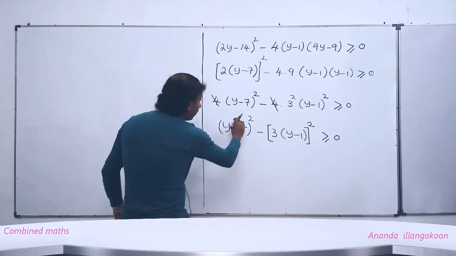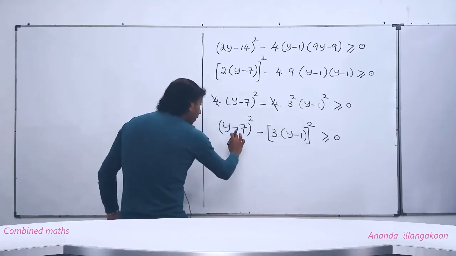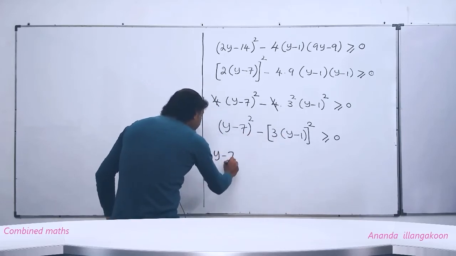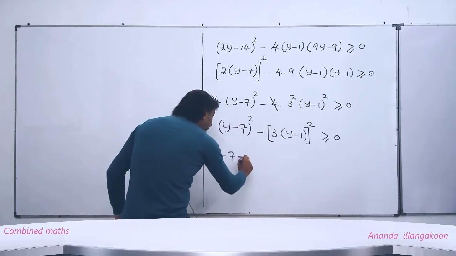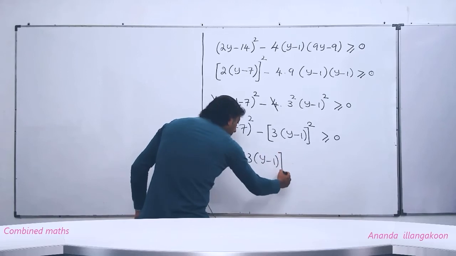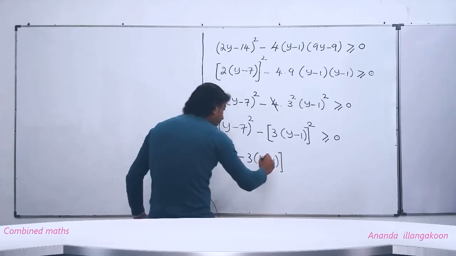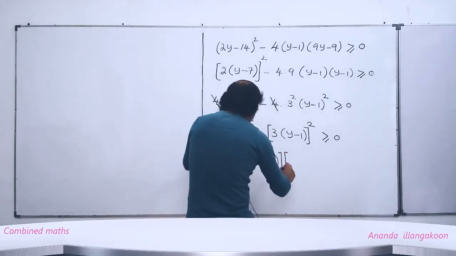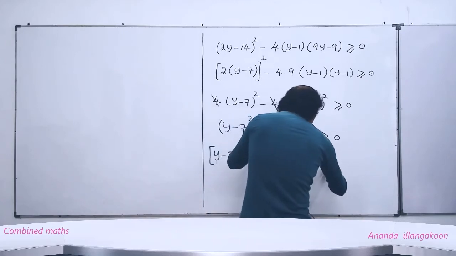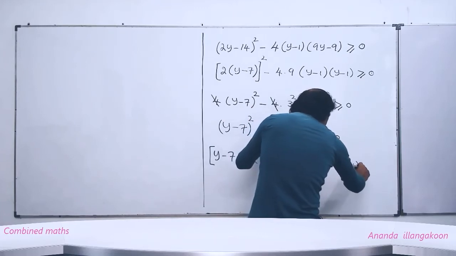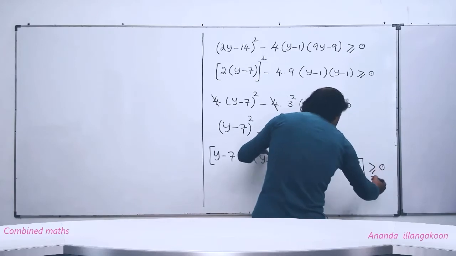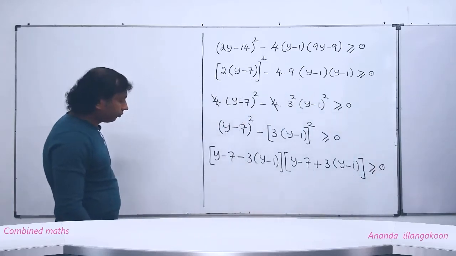Now this is a squared minus b squared. Then what are the factors? A minus b into a plus b. Y minus 7 is a, minus b is 3 times y minus 1. And a plus b: y minus 7 plus 3 times y minus 1, greater than or equal to 0. Now simplify this.